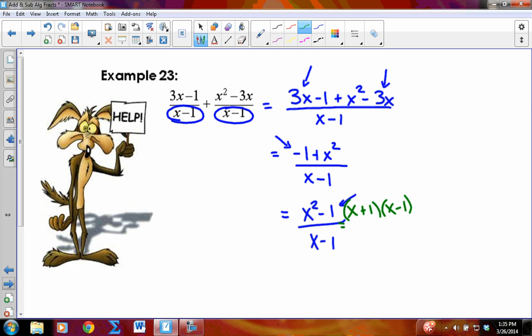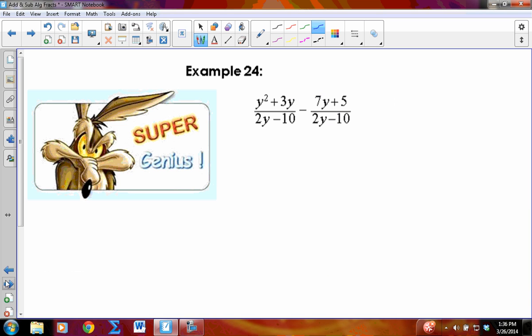So if I factor that, now I can cancel the x minus 1, the whole thing cancels with the set of parentheses, and I'm just left with x plus 1. Isn't that pretty? Make sure you try to cancel and reduce. Make sure you reduce your fractions by canceling at the end.